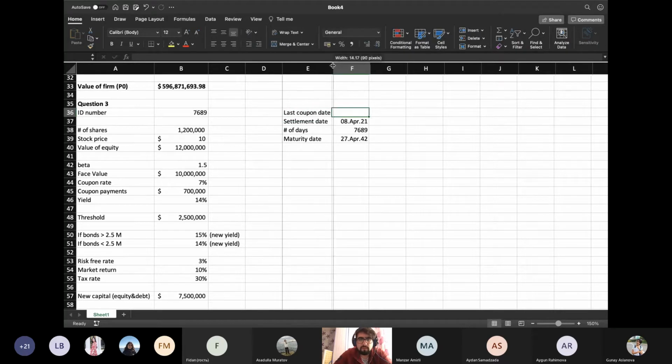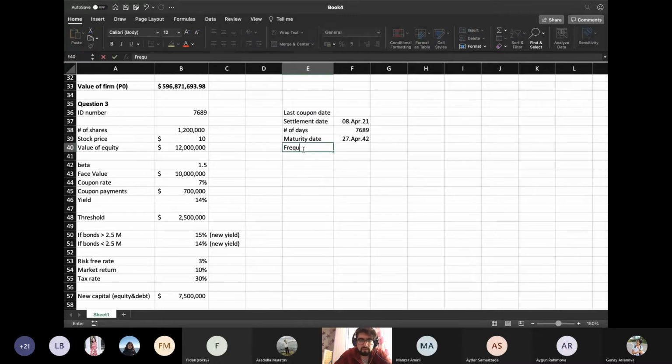it is also frequency annual. Last coupon date is 27 April 2020.